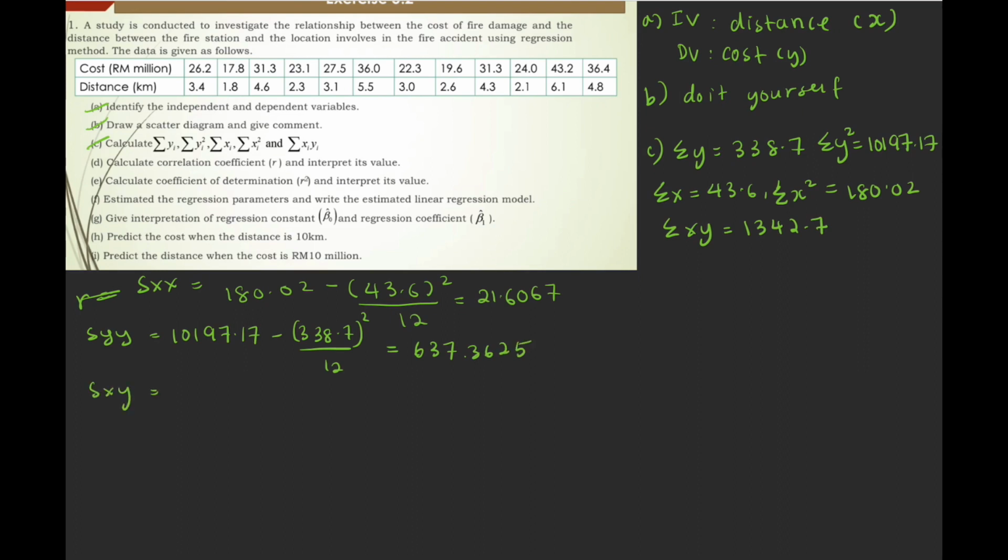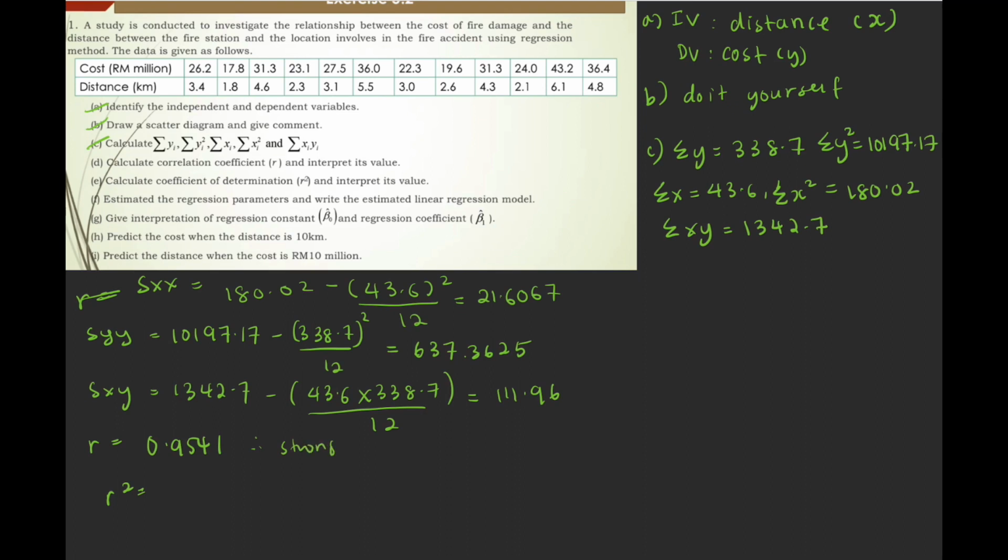So Sxy is equal to 342.7 minus, so you will get 111.96. Okay, done. So R is equal to 0.9541.